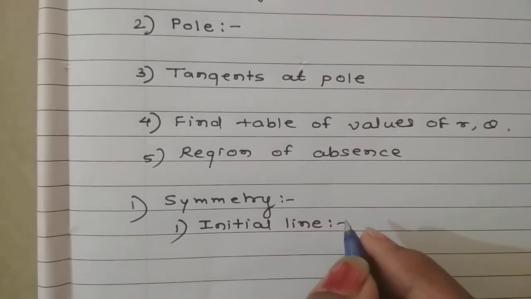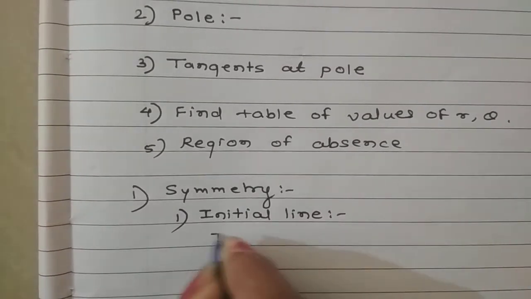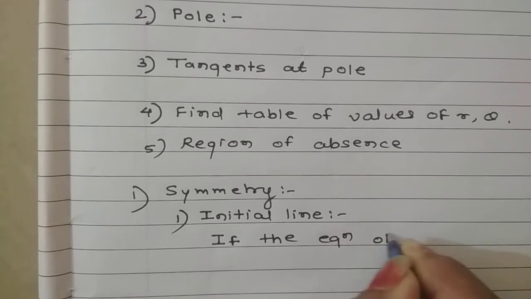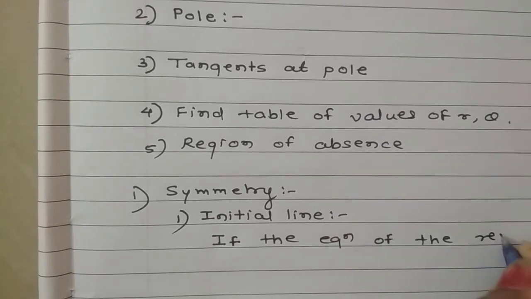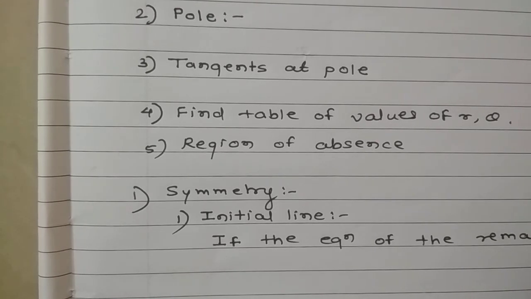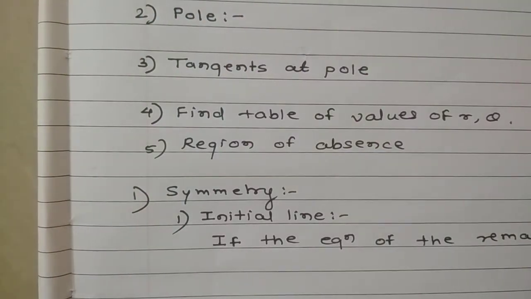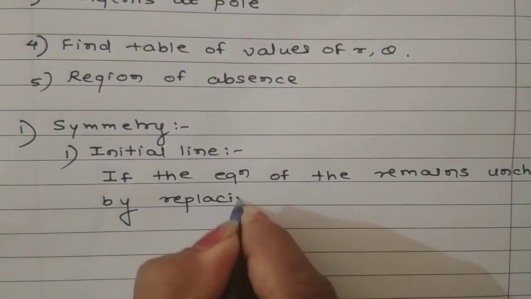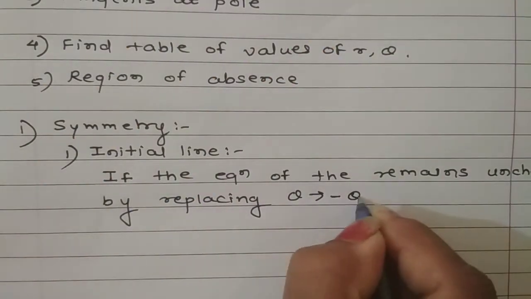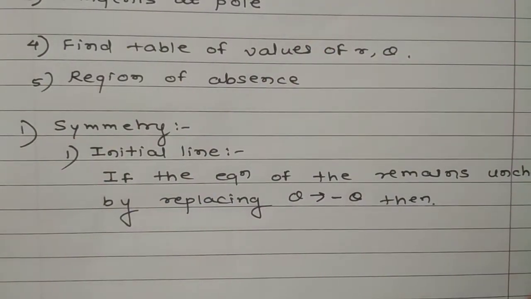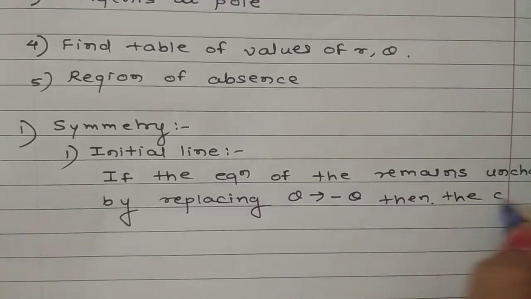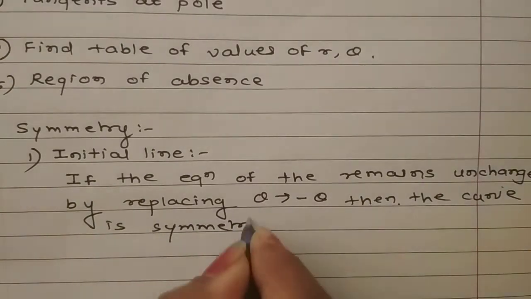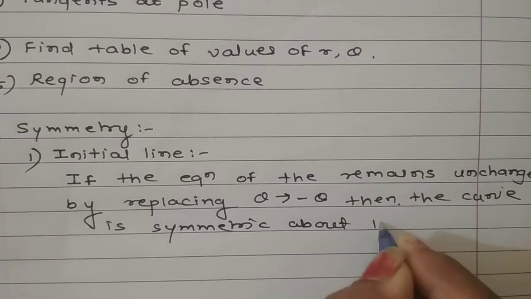Symmetry about initial line: if the equation of the curve remains unchanged by replacing theta by minus theta, then we say that our curve is symmetric about initial line.